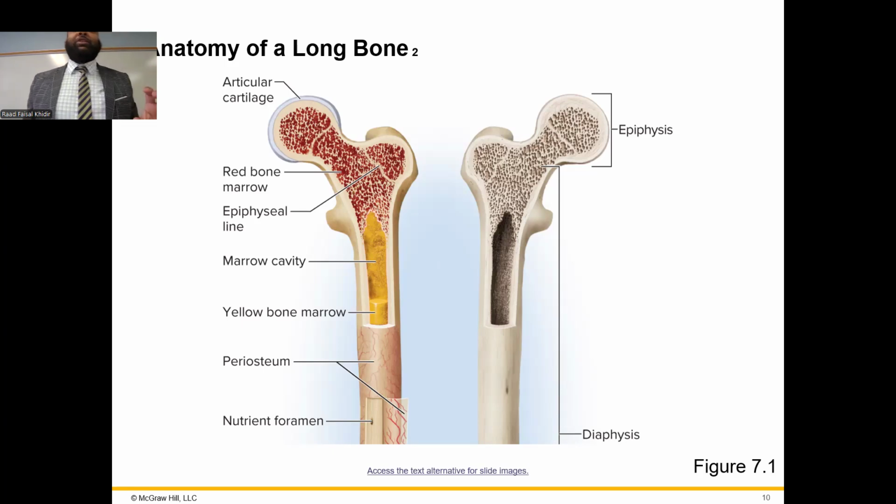So remember, we mentioned how to align yourself properly with the plane of the anatomical position. So when I say the right ventricle, the left ventricle, the right atria, the left atria, I'm not talking about your right atria, I'm talking about the anatomical position when the cadaver or when the model is in the anatomical position.